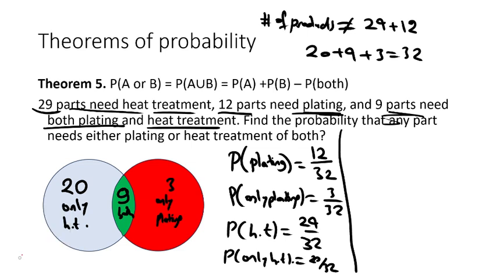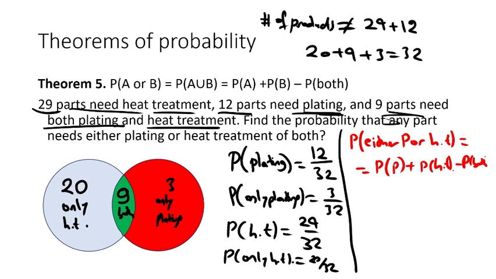It says that the possibility that it needs either plating or heat treatment will be equal to the possibility that it needs plating plus the possibility that it needs heat treatment minus the possibility of both.